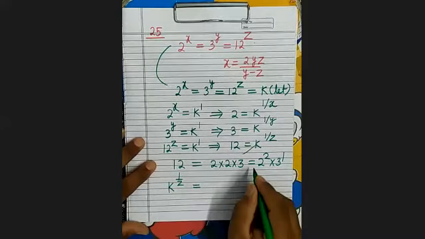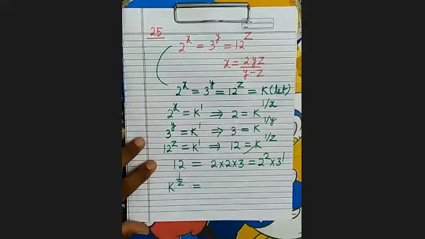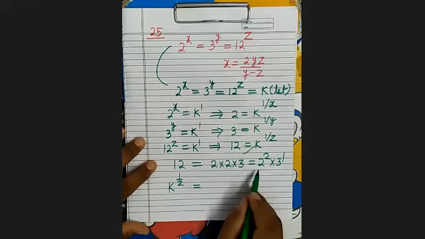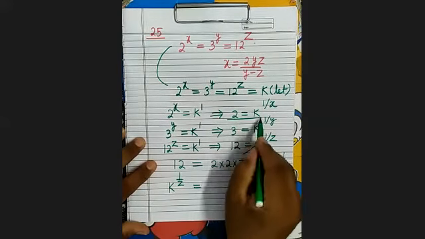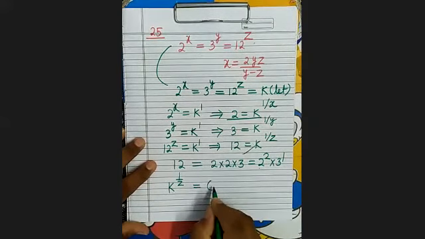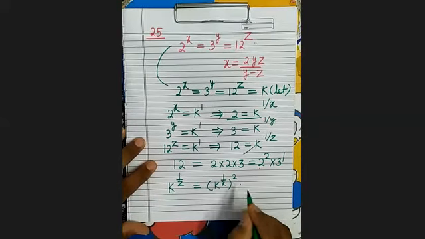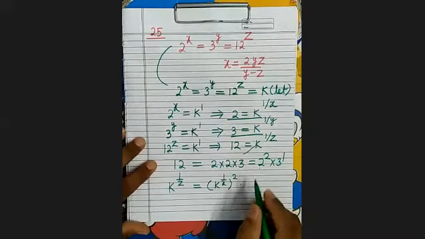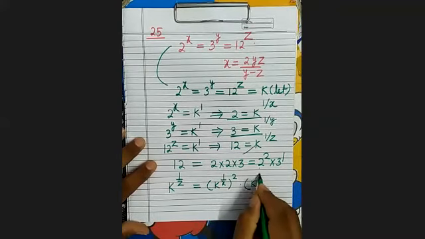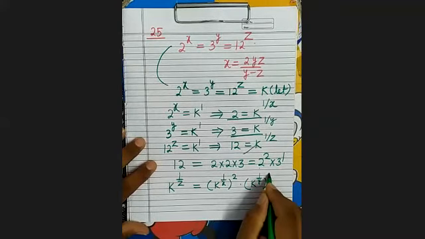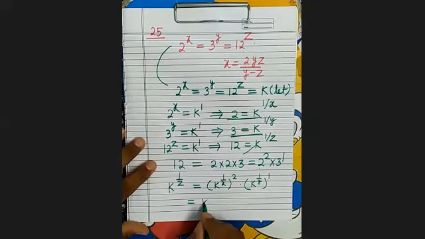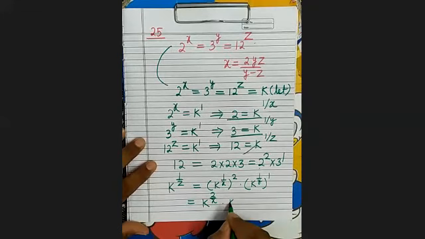In place of 2, you can write k to the power 1 upon x, whole to the power 2. And in place of 3, you can write this. This is k to the power 2 upon x into k to the power 1 upon y.